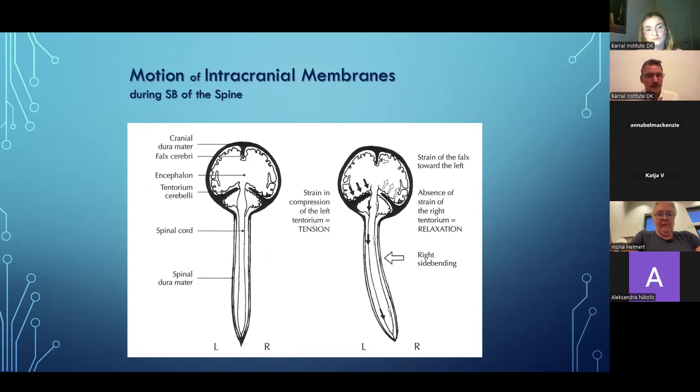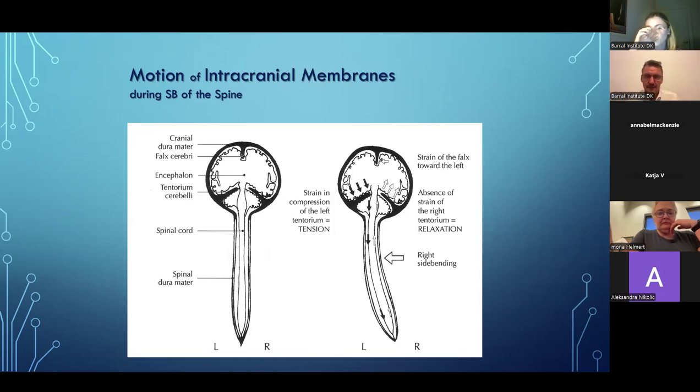Here's an image of the spinal cord and of the brain and the cranial membranes you can see as well, with the dura mater and the tentorium cerebelli. So with that side bending you can see on the right side of the image, that will then shorten the right side and lengthen the left side.